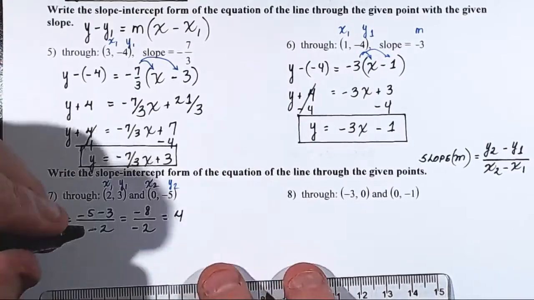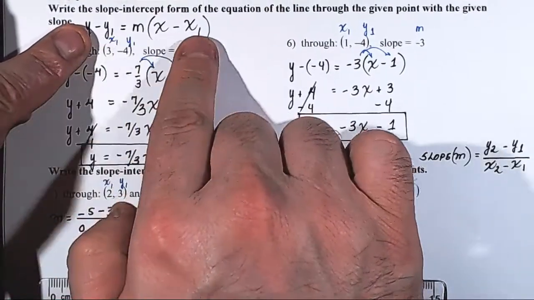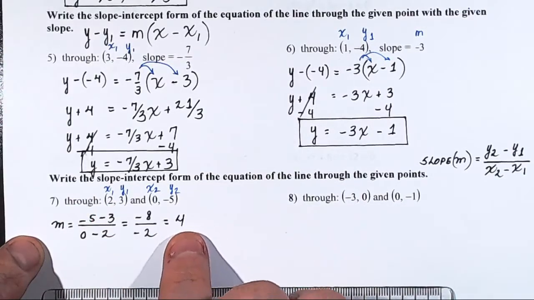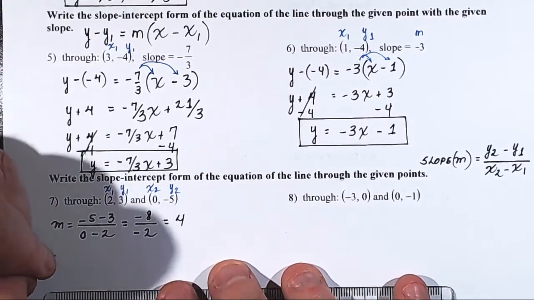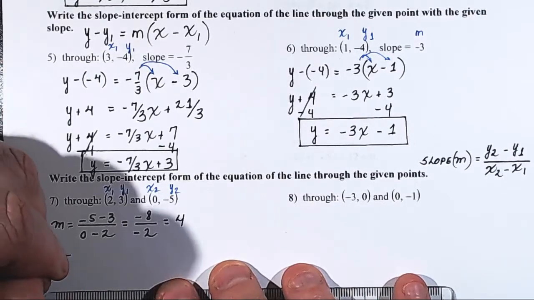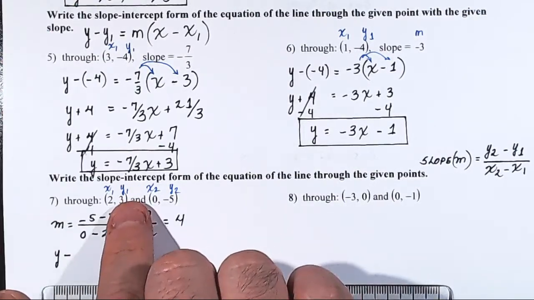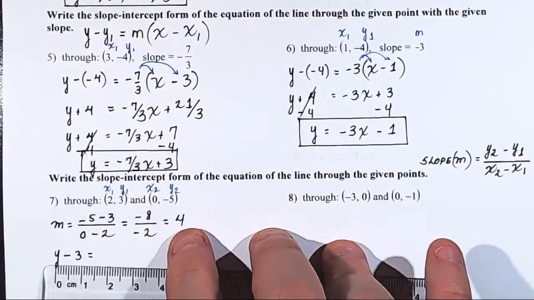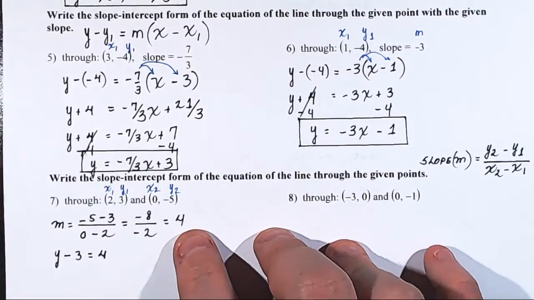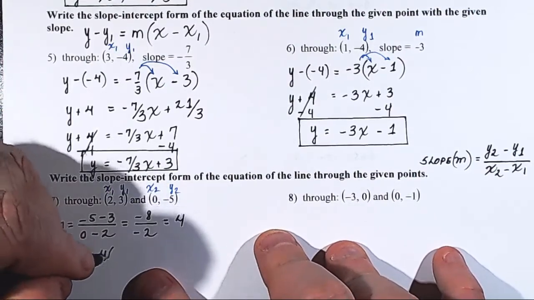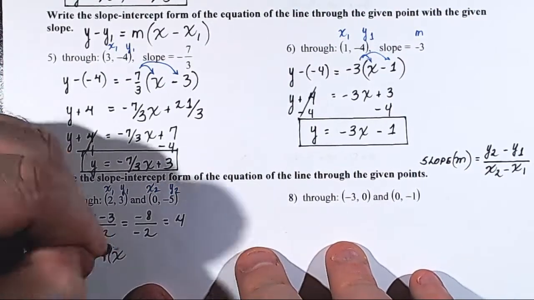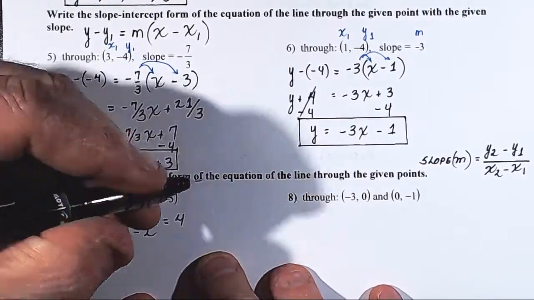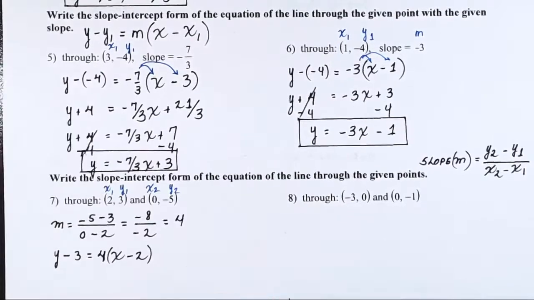Okay, so now I'm going to plug into this formula using these 2 points here and that slope right there. So I have y minus y1, which is 3, y minus 3 equals m, which is 4, open parentheses, x minus x1, which is 2, x minus 2, close parentheses.